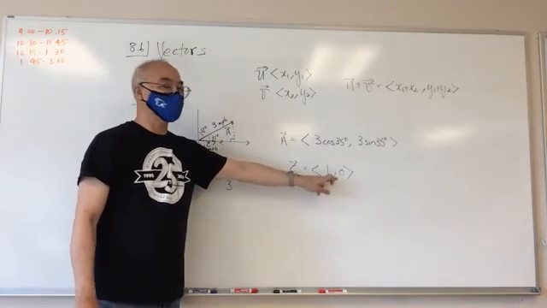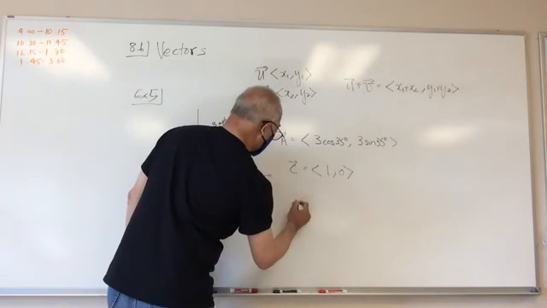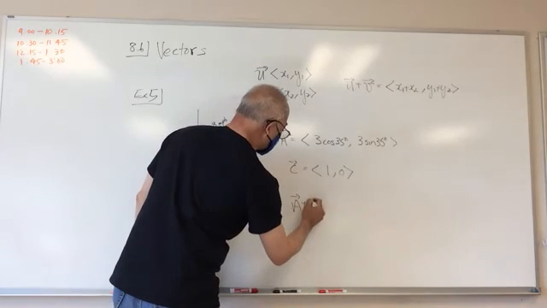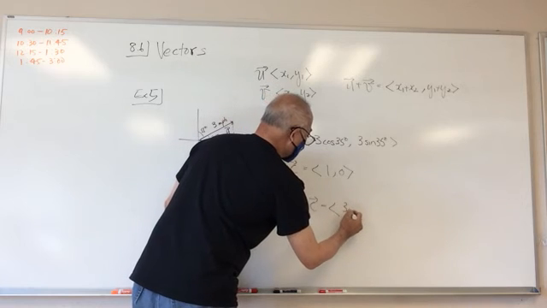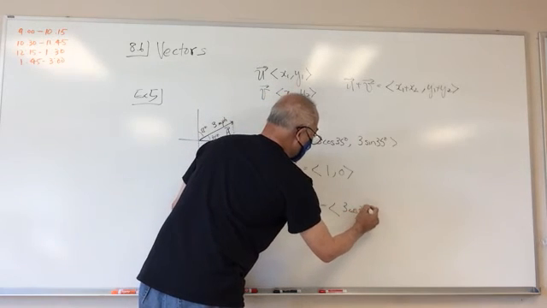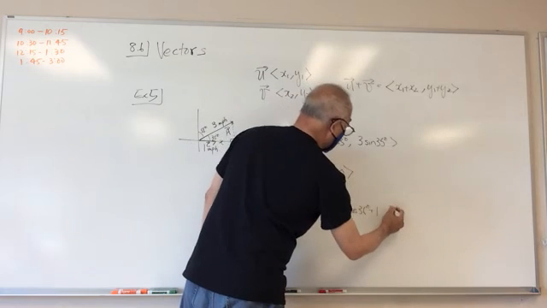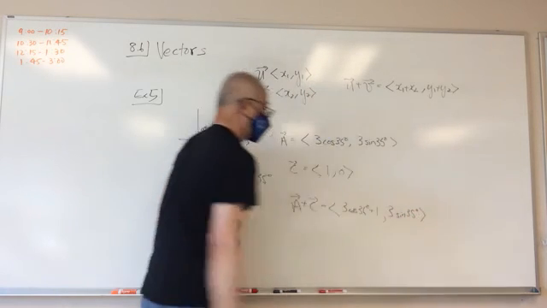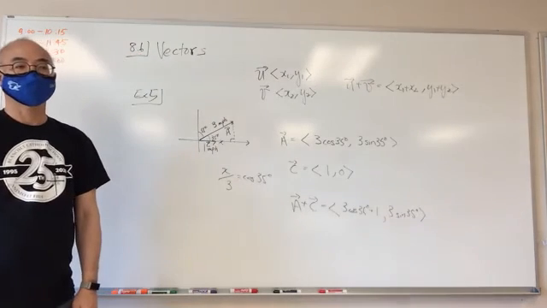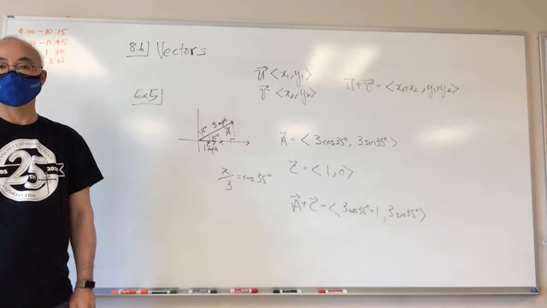So the resultant vector, A vector plus C vector, I add the x's up: 3 cosine 35 degrees plus 1. The y is going to be 3 sine 35 degrees. And that's your answer. Does that make sense?